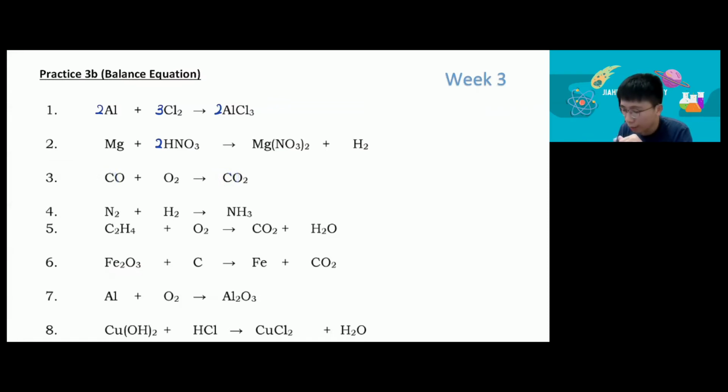Then the thing is, I have one carbon, but how many oxygen do I have? You check. At the back there are 2 oxygen, but in the front, you see, there is 2 plus 1. Here got O3, here got O2. So students say, teacher, I thought when I see 3 and 2, I make them 6, right?